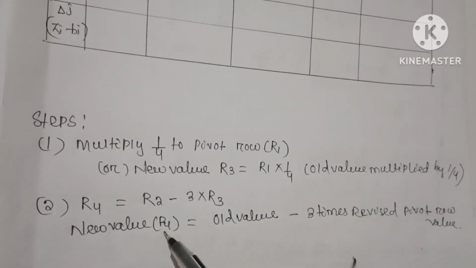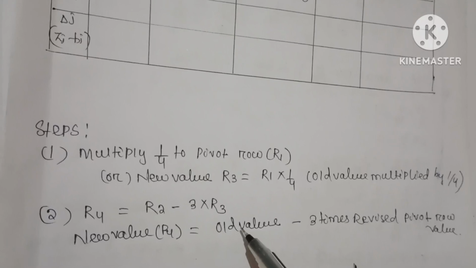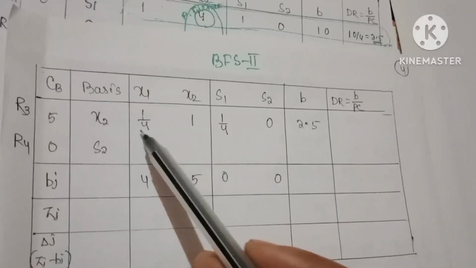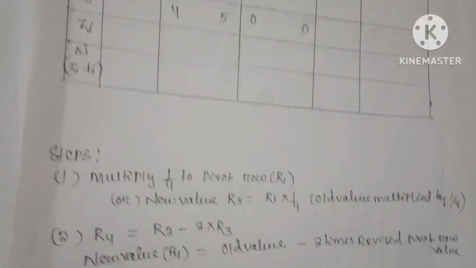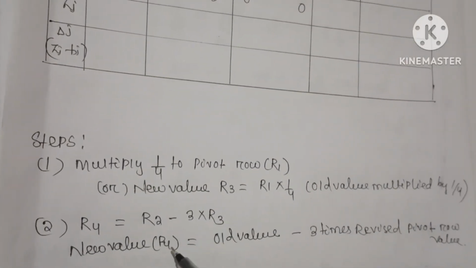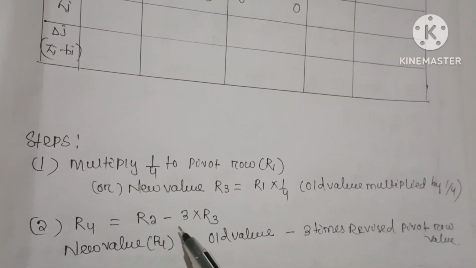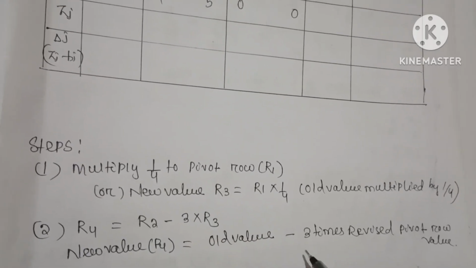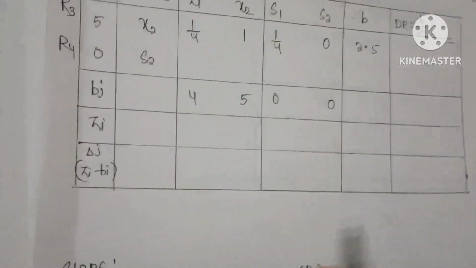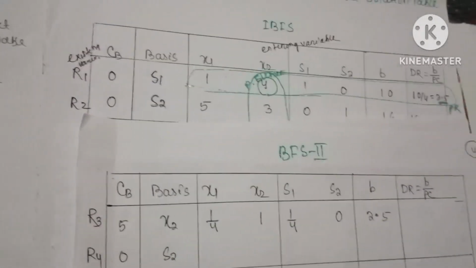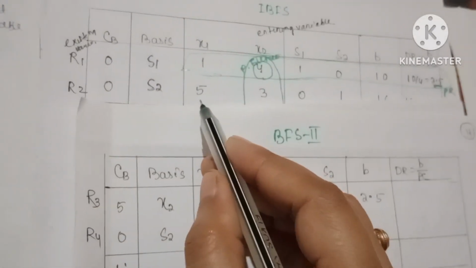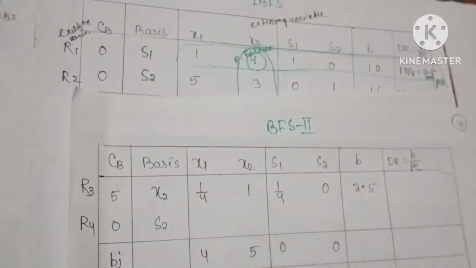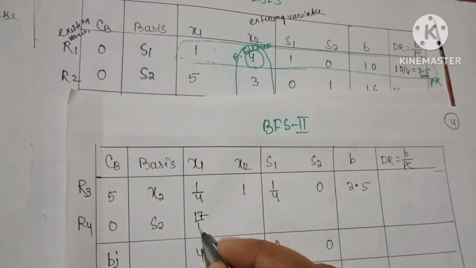Next we'll calculate the values of row 4. The formula to find the new value equals old value minus 3 times the revised pivot row. So we will find row 4 by deducting 3 times the revised pivot row from row 2. Let's calculate it. So here 5 minus 3 into 1 by 4 becomes 17 by 4.